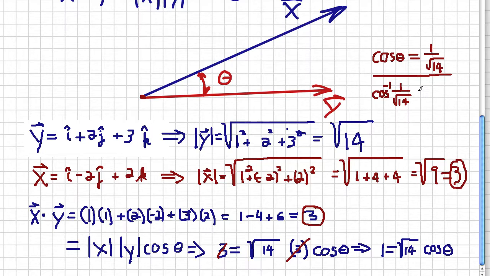I put in 14, square root, and then arc cosine. Let me try that again. I got an entry error. 14, enter, square root, 1 over 14. Arc cosine, that's 74.5 degrees.